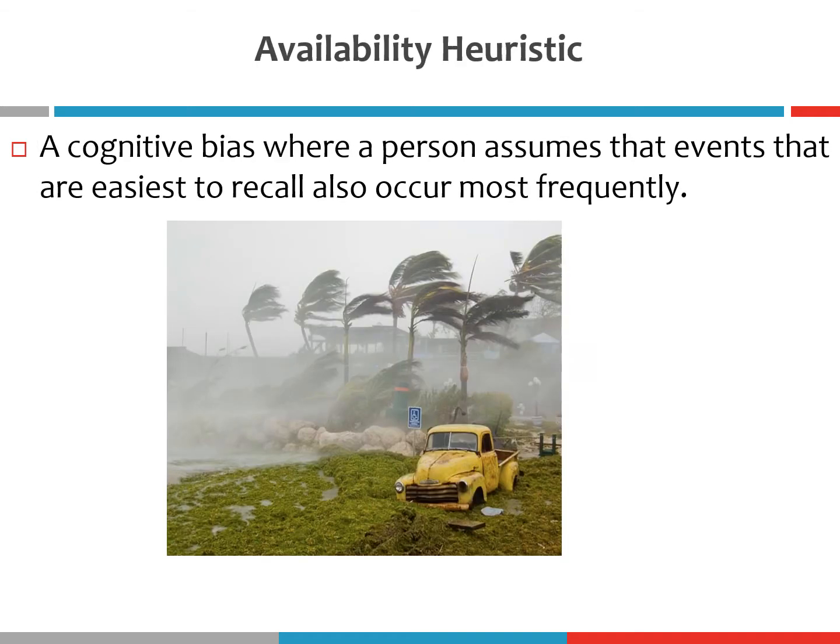Okay, so arguably one of the most famous heuristics or mental shortcuts that biases our conclusions is something called the availability heuristic. So the availability heuristic is a cognitive bias where a person assumes that events that are easiest to recall are those that occur most frequently or most often.